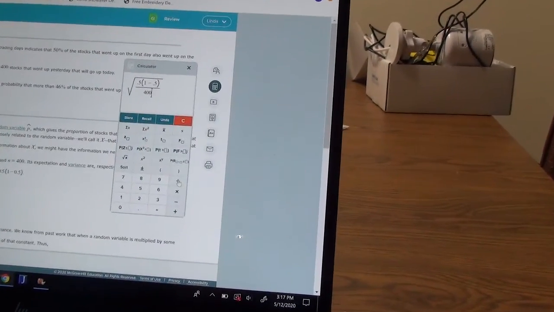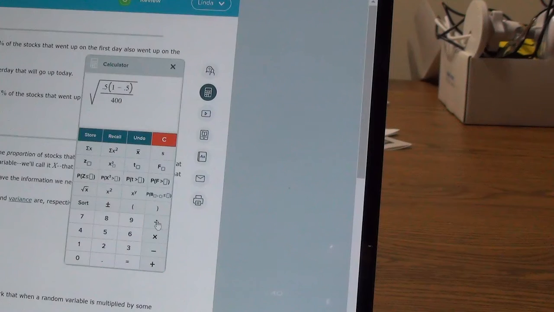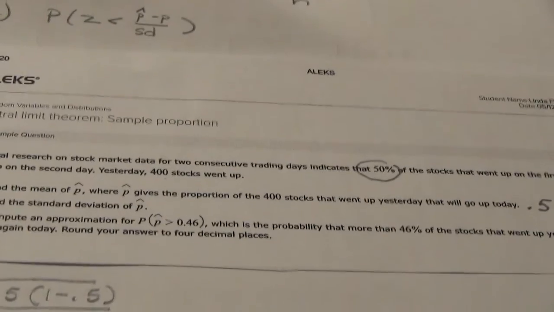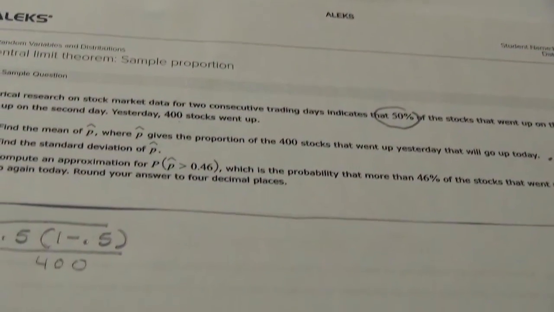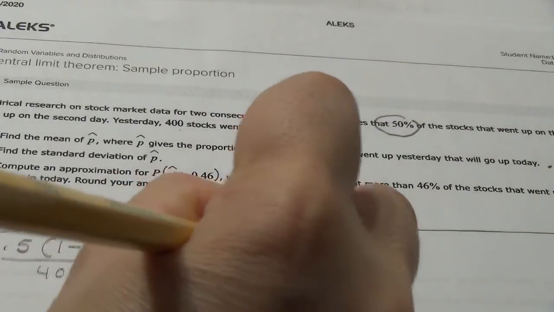Let me zoom in there a bit. And so then when I hit enter on that, I get 0.025. So over here on my paper, the answer to the second part of that question when I did my calculation was 0.025.